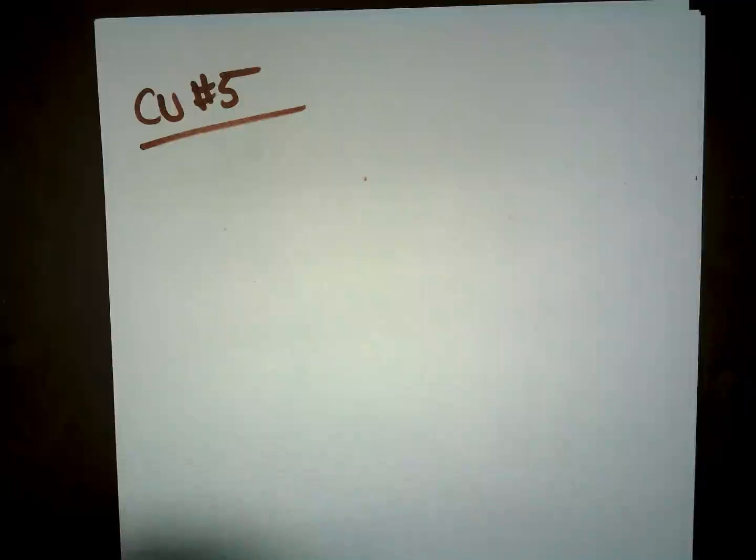The Murcielago is the LP670 Super Veloce, which I would imagine is super velocity in Italian. It has a weight of 3,450 pounds and can go from 0 to 60 miles per hour in 2.8 seconds. What is the average power output of the car's engine in kilowatts?